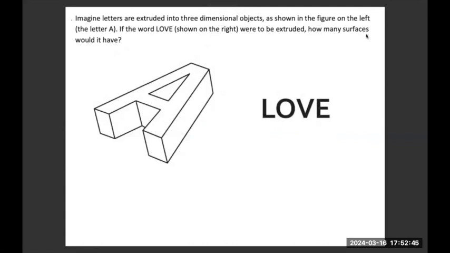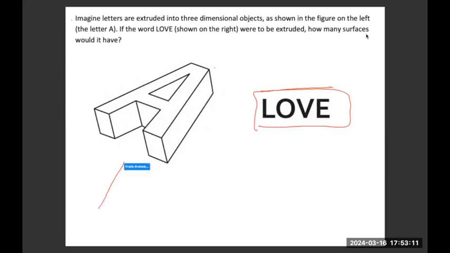What you have to find here is an extruded letter A is provided here. When this single two-dimensional letter is extruded, it looks something like this. Now I'm extruding the word LOVE here. How many surfaces would this extruded word LOVE have? Okay. In this case, the easiest thing to do is to follow this exercise of sketching it.